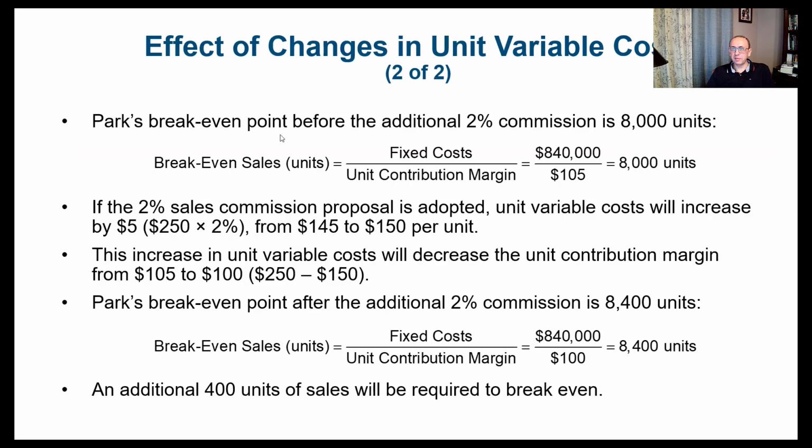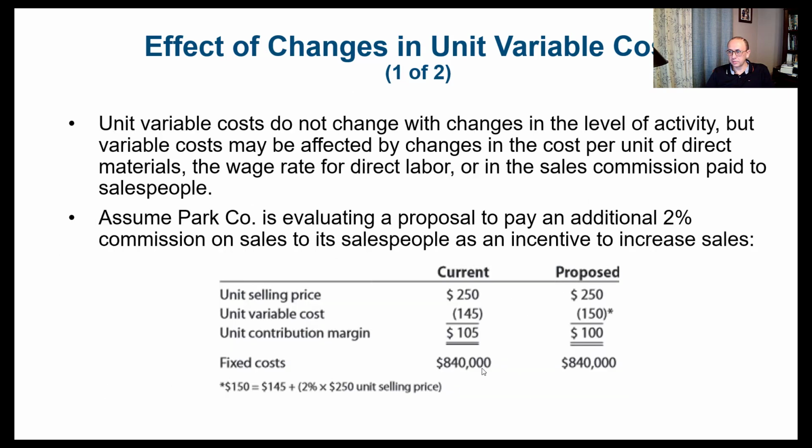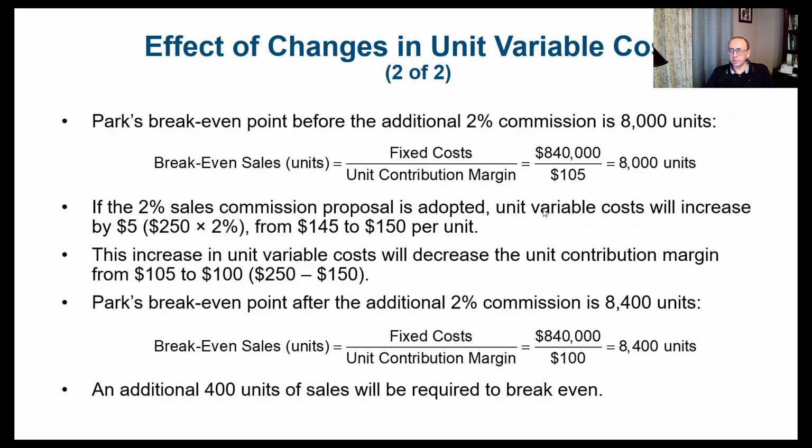So Park's break-even point before the additional 2% commission is calculated as follows. We get the fixed cost, $840,000, which was given to us here. And then we divide it by the unit contribution margin, or as I like to call it, contribution margin per unit, which is 105, and that would be 8,000 units.